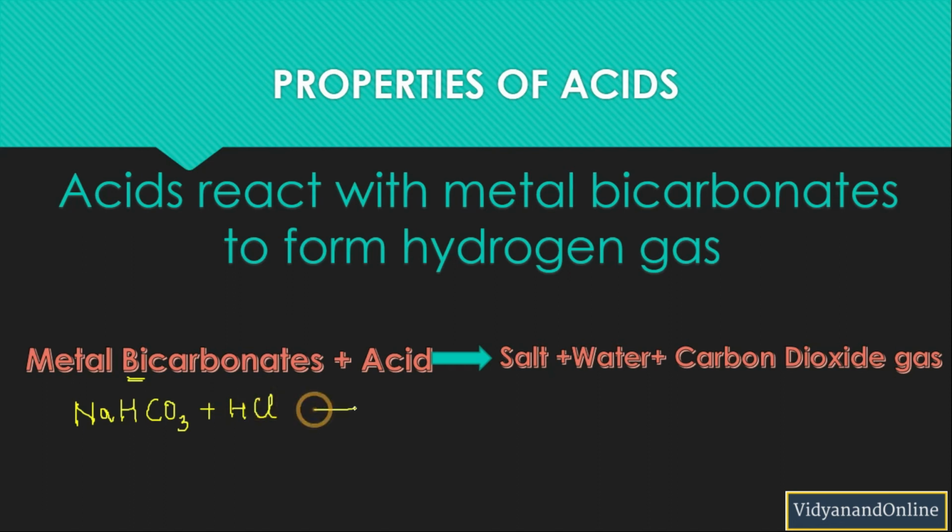Now since we have carbonate here, it is for sure that we will get carbon dioxide as one of the products. Now what will be the salt which will be formed? It is again NaCl along with the liberation of water. So if you see, the equation is balanced.